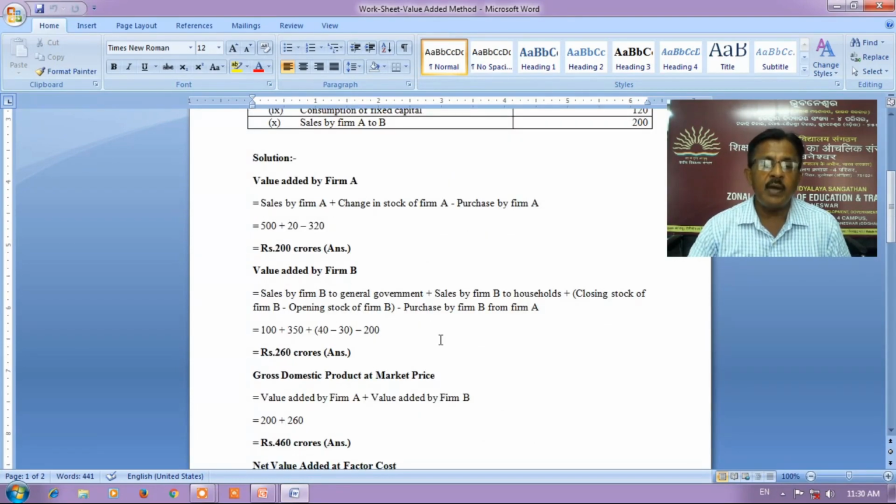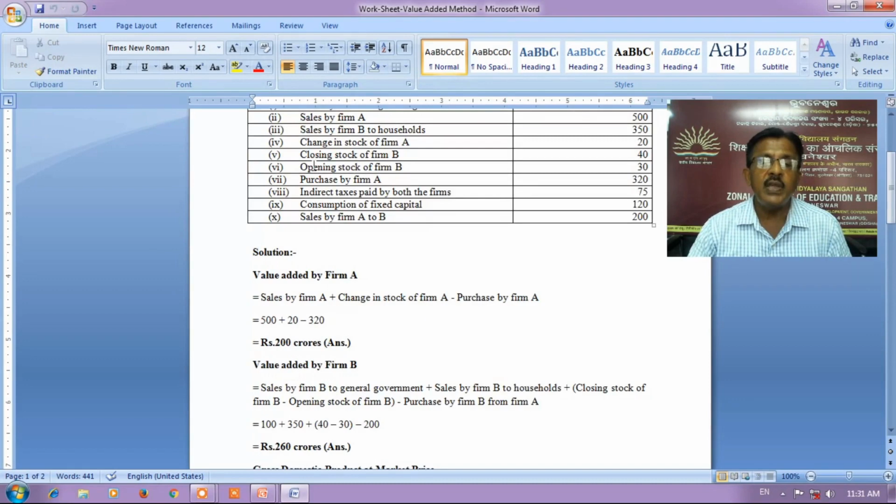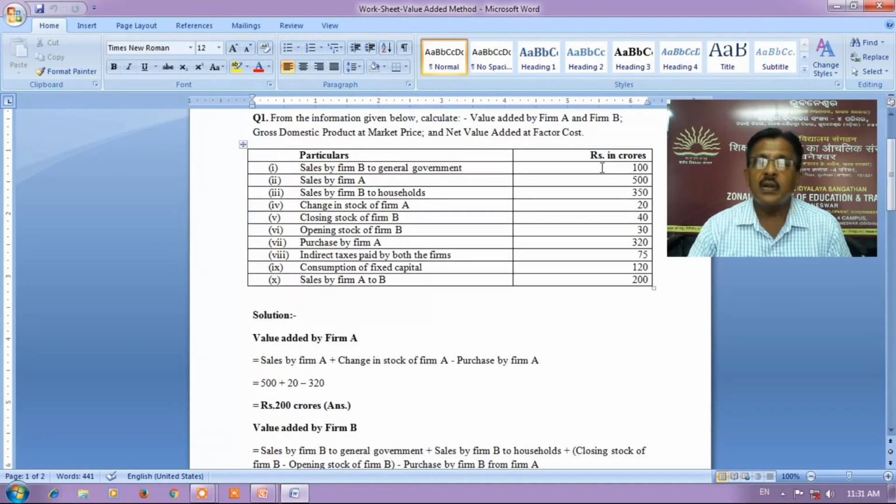Value added by farm B: sales by farm B to general government plus sales by farm B to households plus change in stock, that is closing stock of farm B minus opening stock of farm B, minus the intermediate consumption. Here the purchase by farm B from farm A is the intermediate consumption of farm B. So you see the sales by B to general government is 100, and sales by farm B to households is 350.